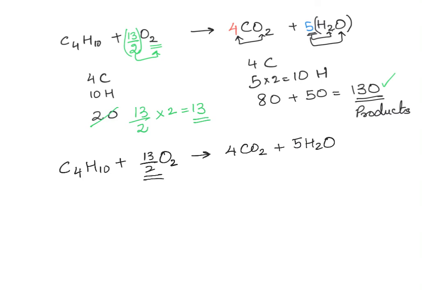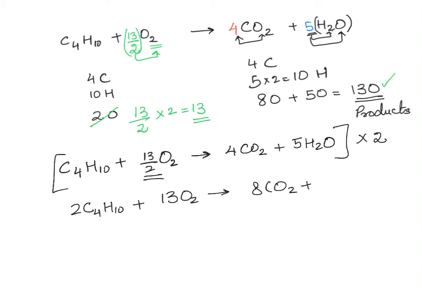But you cannot leave a reaction like this. So what do we do? We multiply the entire equation by 2. Then you end up with 2C4H10 plus 13O2 yields 8CO2 plus 10H2O.